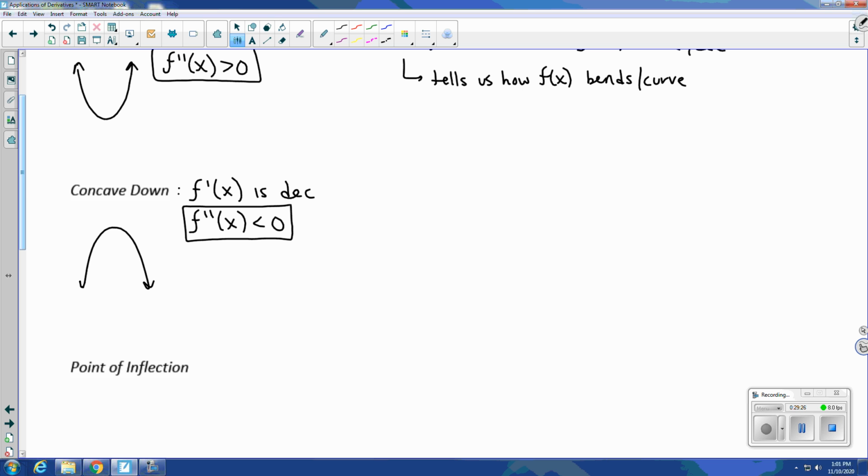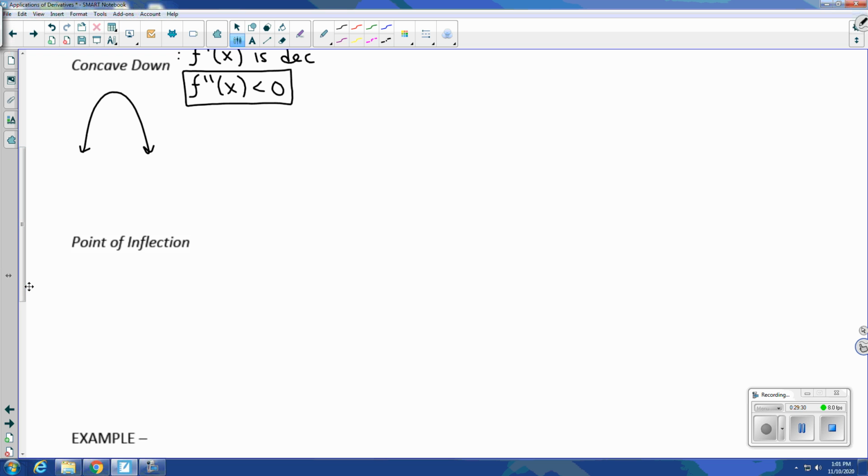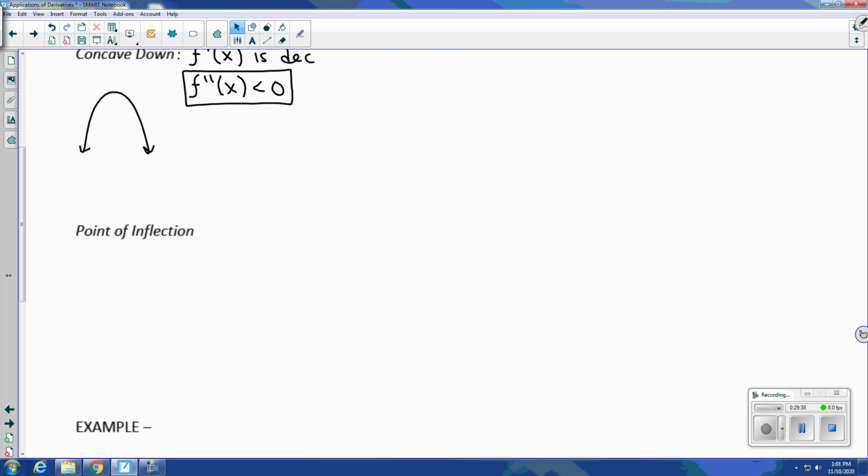And that is where the second derivative can reveal the concavity. Something like this. Now, we can have functions that change concavity. And when functions change concavity, we've just identified what's called a point of inflection. So we could have something that goes concave down to concave up.